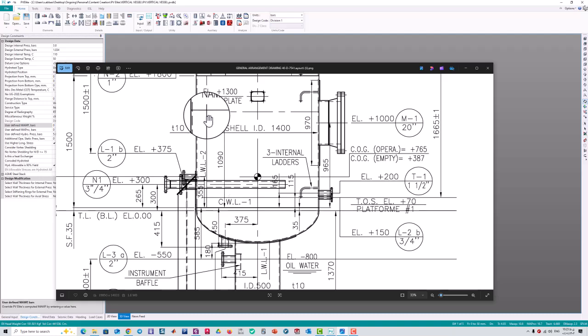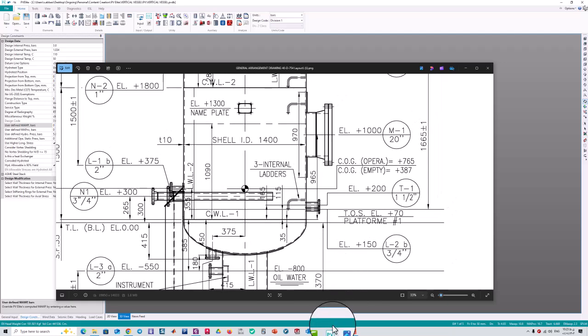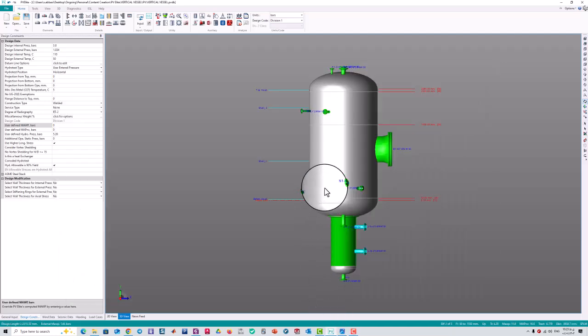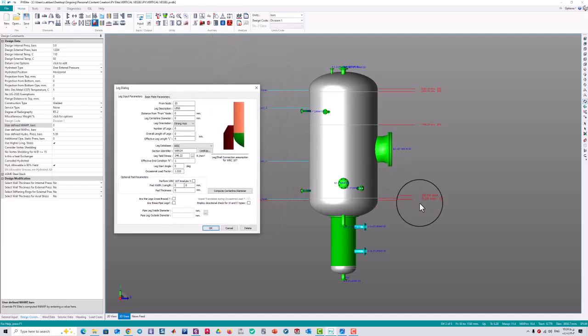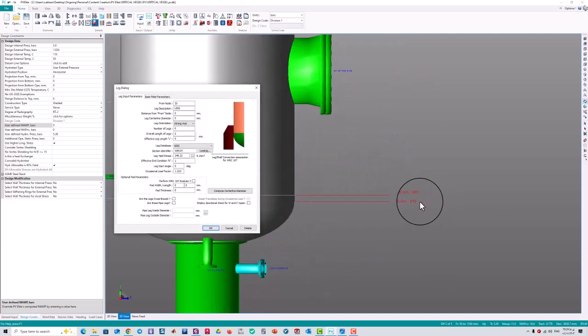And the dimensional properties are given in the elevation and orientation views of the vessel. The legs are welded to the shell one, so we choose the leg dialog and click on the leg icon.